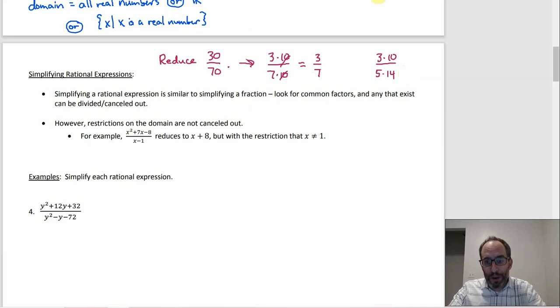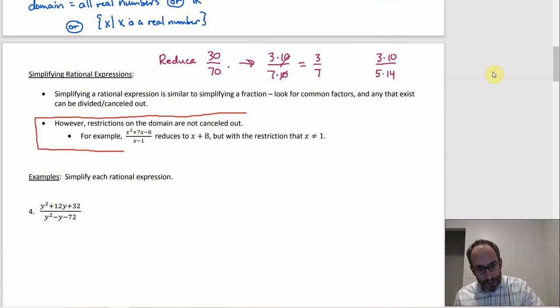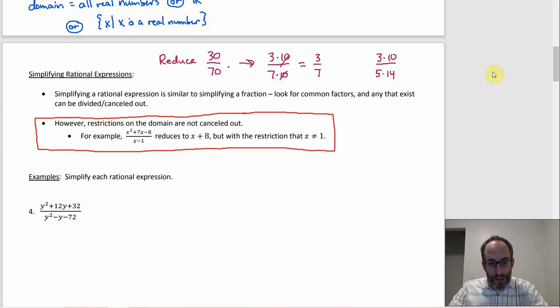One of the big things though, and this doesn't have a huge effect on the homework in this section, but it does in the future, is that when you cancel stuff, if there are restrictions, they don't go away. Like it says there, x squared plus 7x minus 8 over x minus 1 will reduce to x plus 8, because if you factor x squared plus 7x minus 8, it's x plus 8 times x minus 1, which would then be over x minus 1.